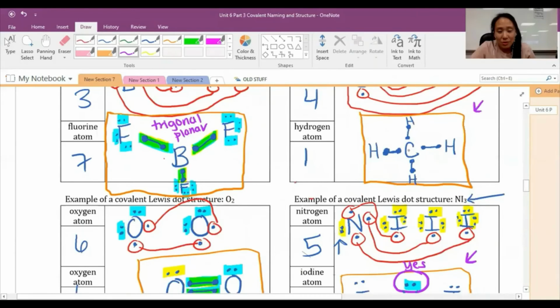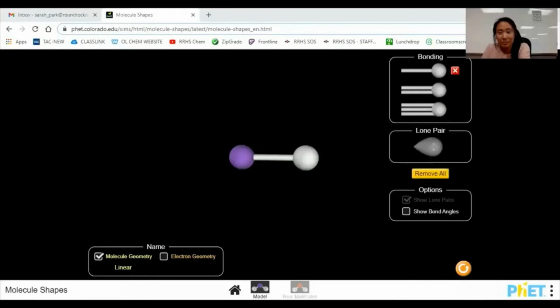You see the carbon. It's attached to 4 hydrogens, but there are no lone pairs. No lone pairs. Then that means that this is tetrahedral. Tetra meaning 4, right? Okay, so let me show you some other examples really quick so you can see it.